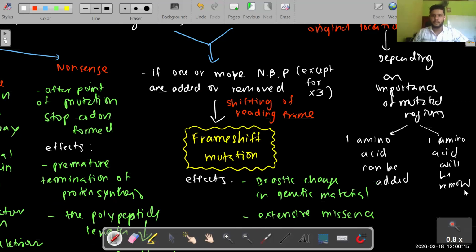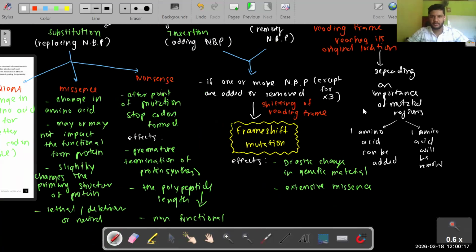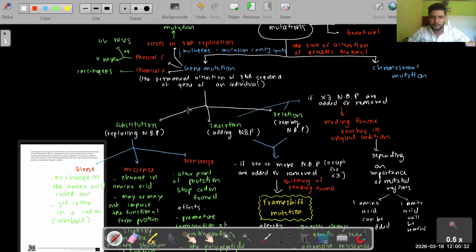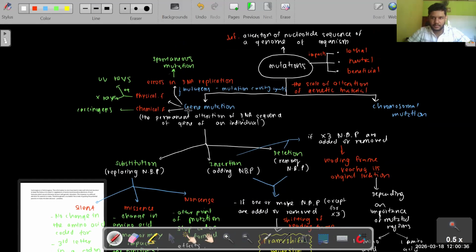That's it. A small summary. Not small, right? It seems a bit big, but I don't think we can make it smaller than this. I have included all the points that are needed under gene mutation, right?